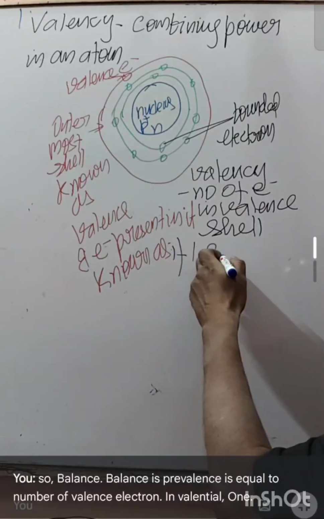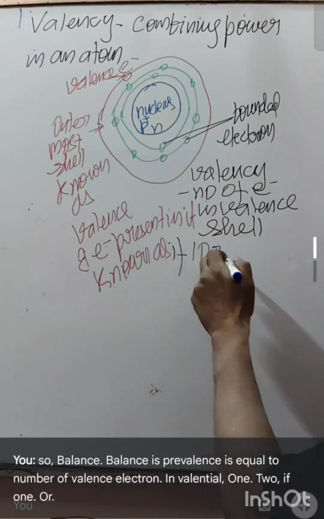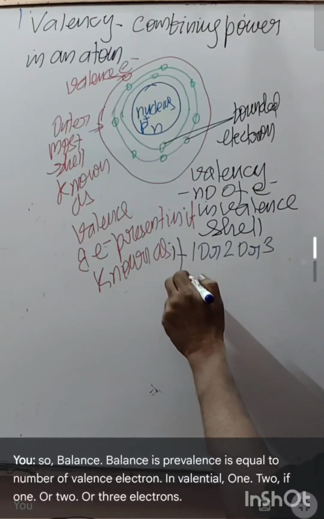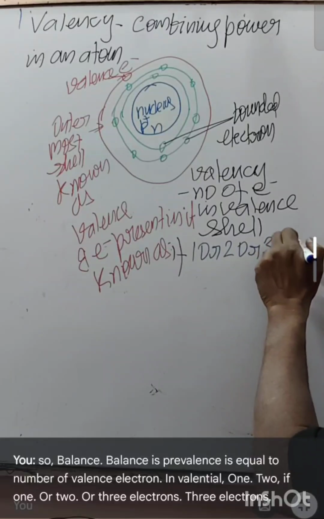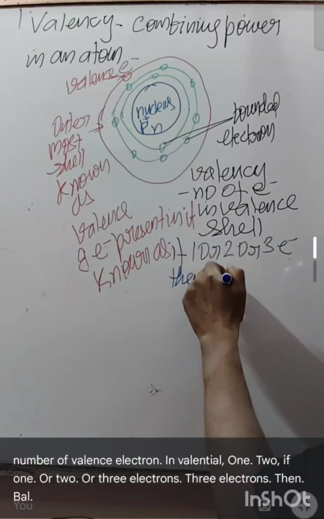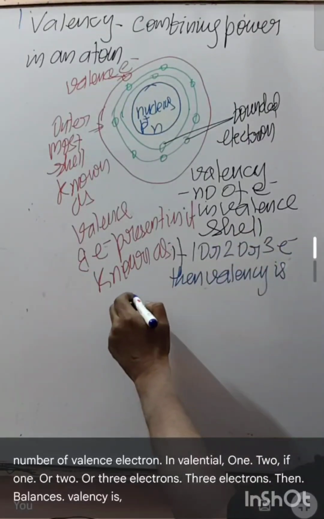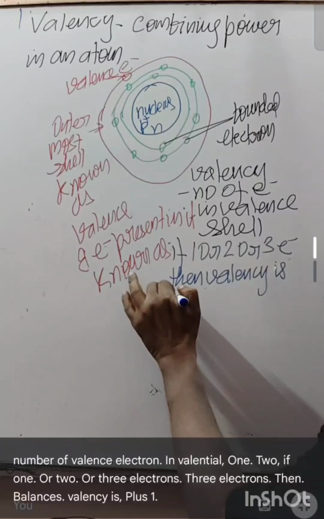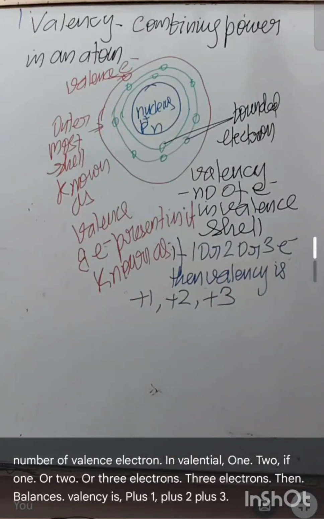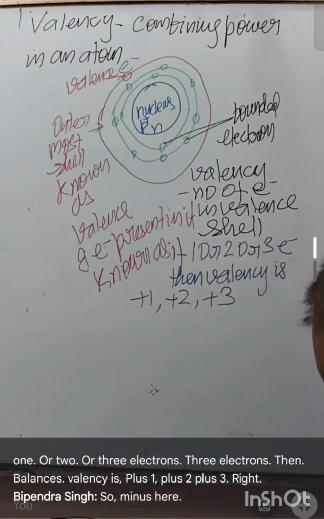If one or two or three electrons, then valency is plus 1, plus 2, plus 3, right? Sir, in which case is it minus? Let me reach there.